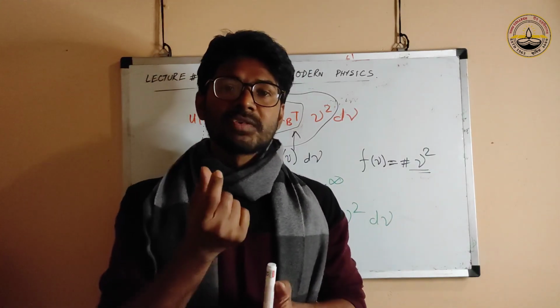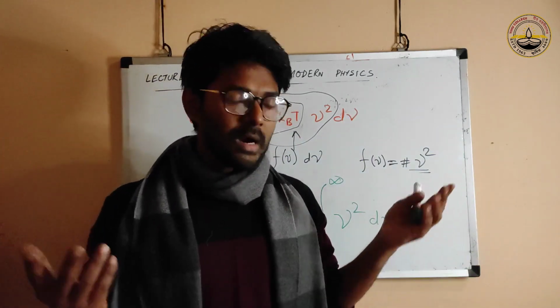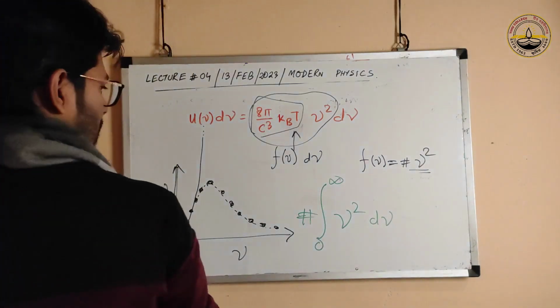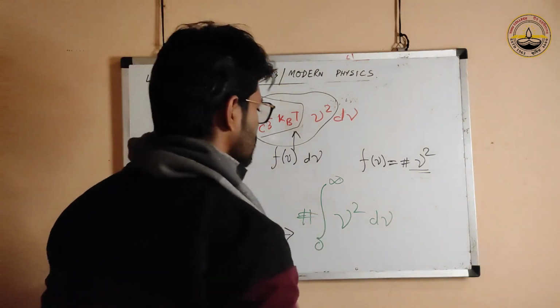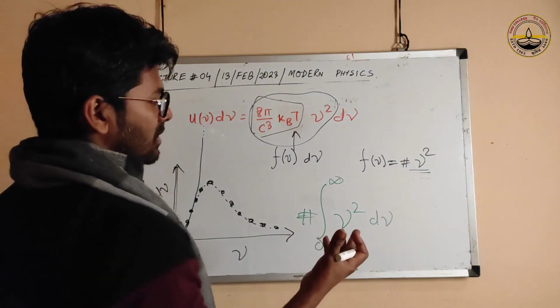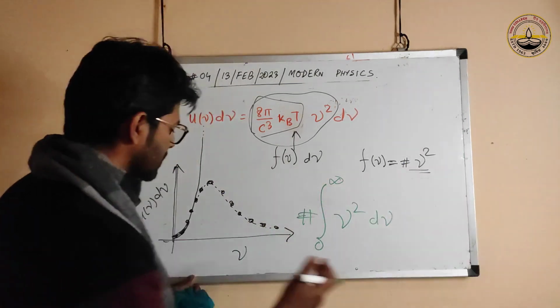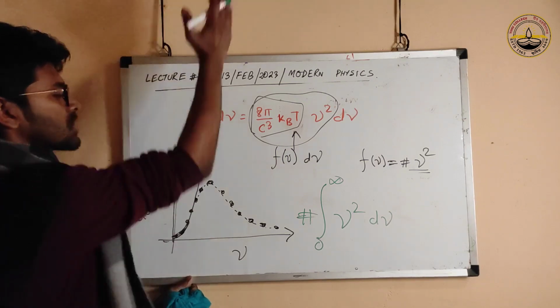We could use this piece of iron to power the whole world, and our energy problem would be solved. That's obviously nonsense, right? And that's why this is called the ultraviolet catastrophe. Ultraviolet because of higher frequency. By ultraviolet we mean higher frequency. At higher frequency, this theoretical result blows up.